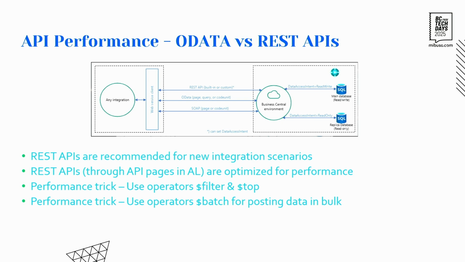Another important thing to notice is when you use OData web service, which is tied to the page, it also executes the triggers on the page. So if you have some triggers which are not essential for any kind of integration that you are having, then the trigger is getting executed unnecessarily, which leads to slower loading of data in Edit in Excel and other scenarios. There is a way around which you can use in your pages, like in your extensions.